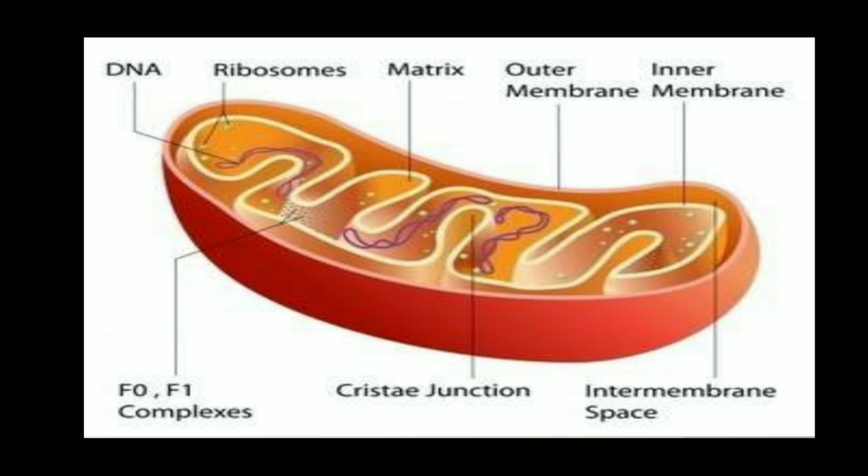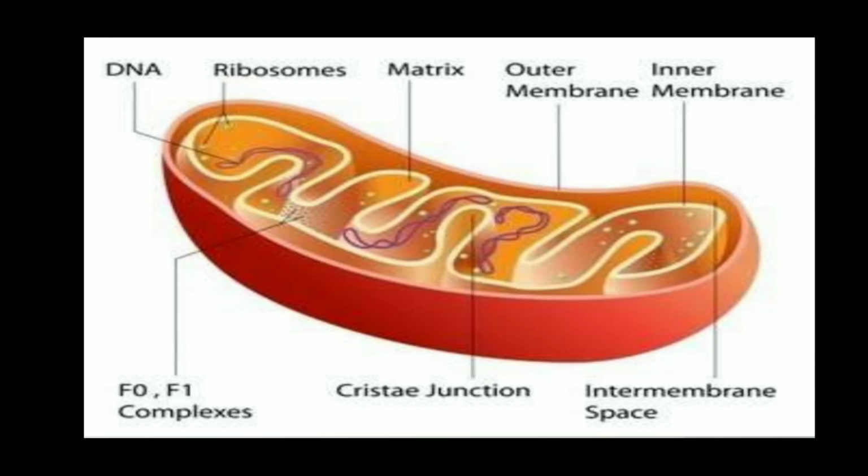But again, like the chloroplast, the mitochondria is also a semi-autonomous cell organelle. It means whatever proteins the mitochondria require, all the proteins cannot be synthesized by its own DNA. It depends on the nucleus of the cell also. So that's why it is called a semi-autonomous cell organelle. Semi means half, right?